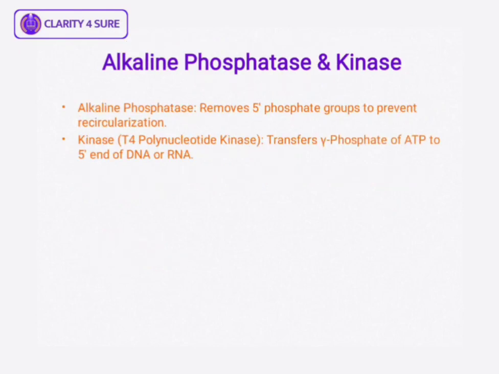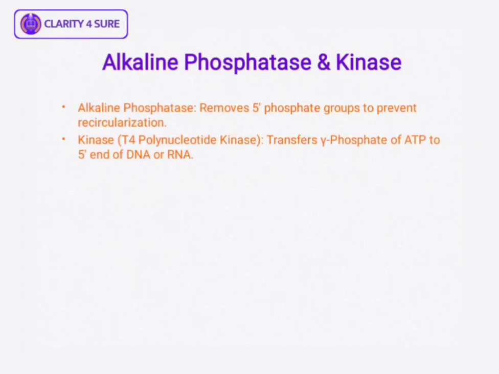Alright, we have some more enzymes, that is alkaline phosphatase. This enzyme removes the 5' phosphate group from DNA ends. By doing this, it prevents the recircularization of the plasmids during cloning because ligase cannot join ends without 5' phosphates. Example, used to prepare plasmid vectors for gene insertion. Then we have kinase.